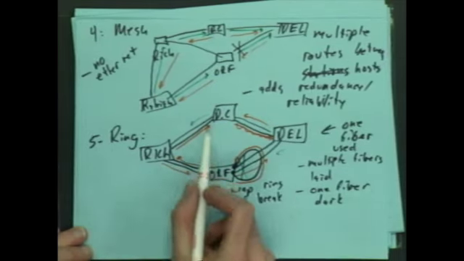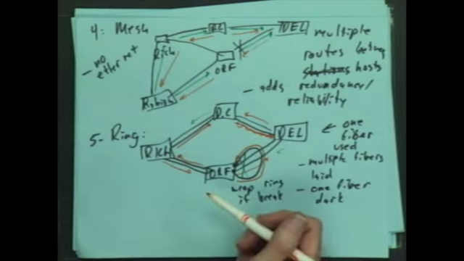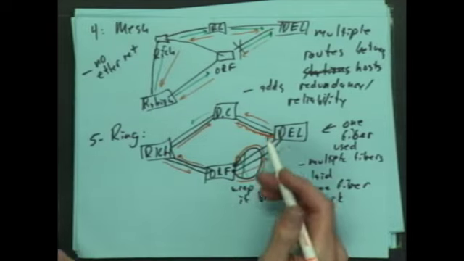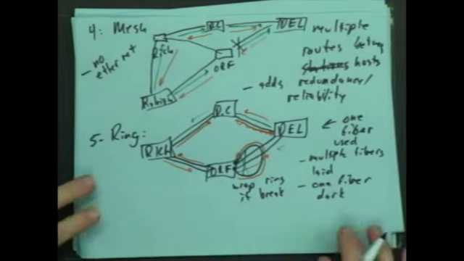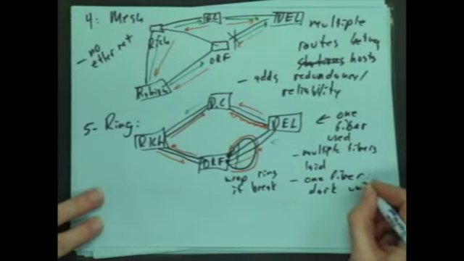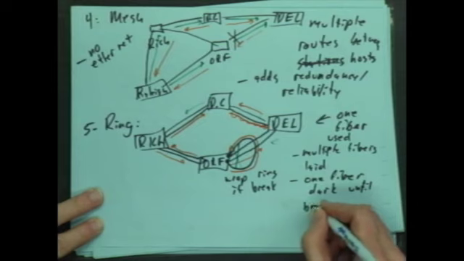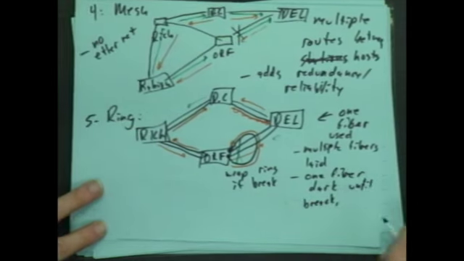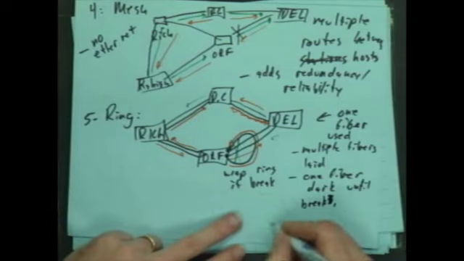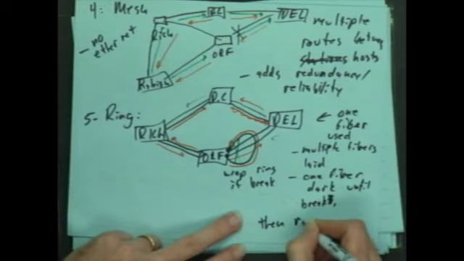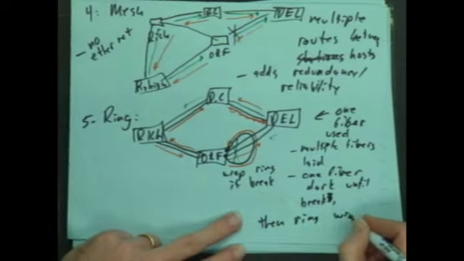Do you see how it just wrapped around? So the dark ones are just backup. The dark one is there if there's a break. So the dark one just stays dark until a break. Then the ring wraps.